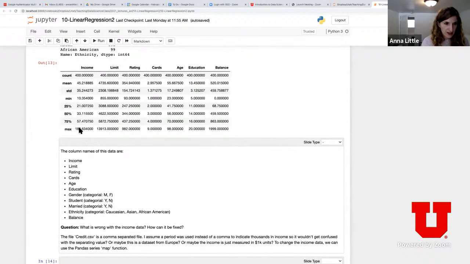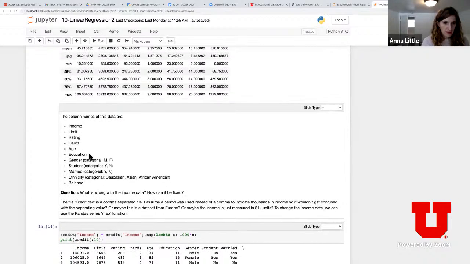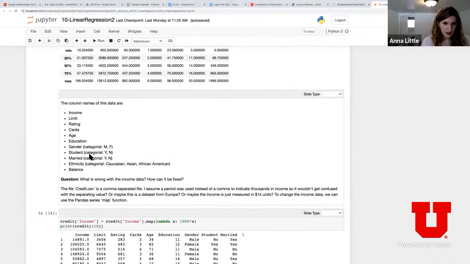You may notice that the income column looks a little odd: 45, 35, 10. We may guess that this is intended to be recorded in thousands. You would think of a mean income around 45,000 as reasonable.